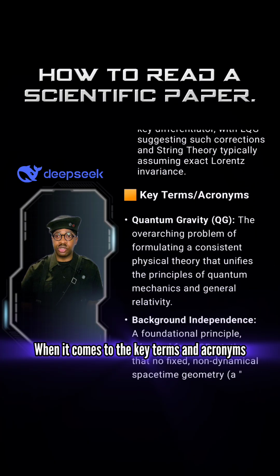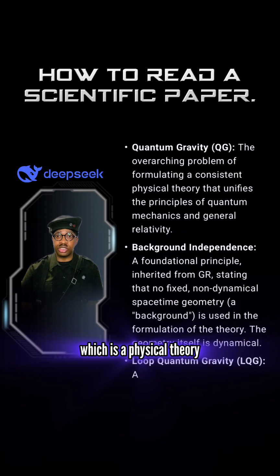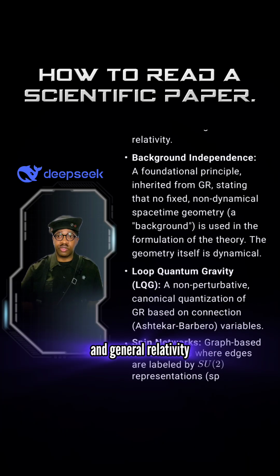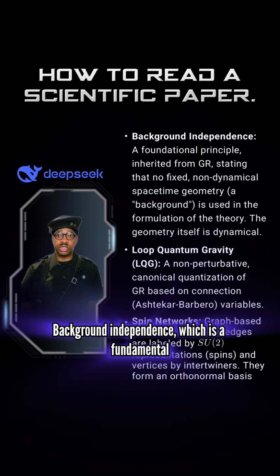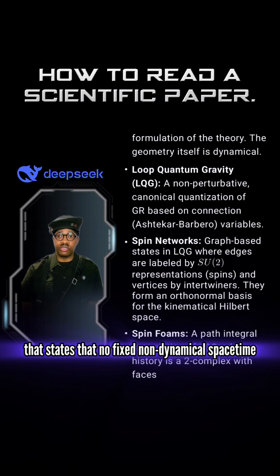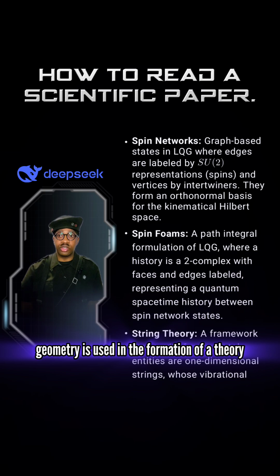When it comes to the key terms and acronyms, some of the key terms are quantum gravity, which is a physical theory that unifies the principles of quantum mechanics and general relativity. Background independence, which is a fundamental principle inherited from general relativity that states that no fixed non-dynamical space-time geometry is used in the formation of a theory.